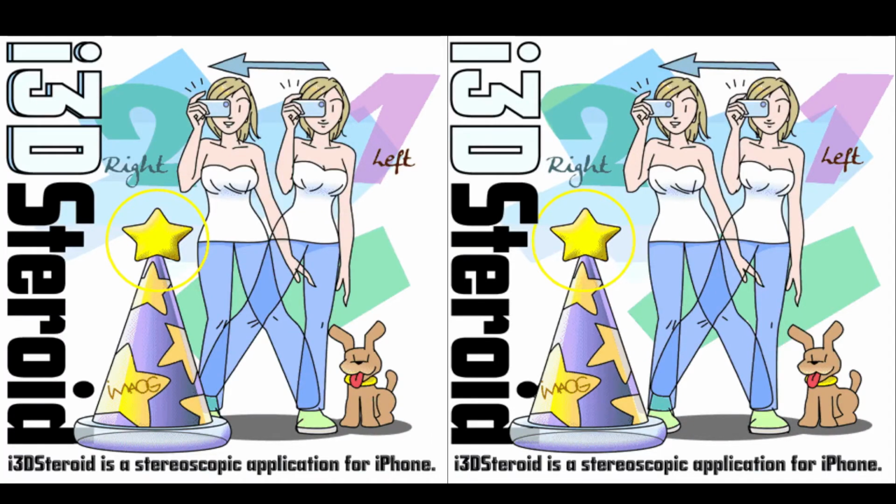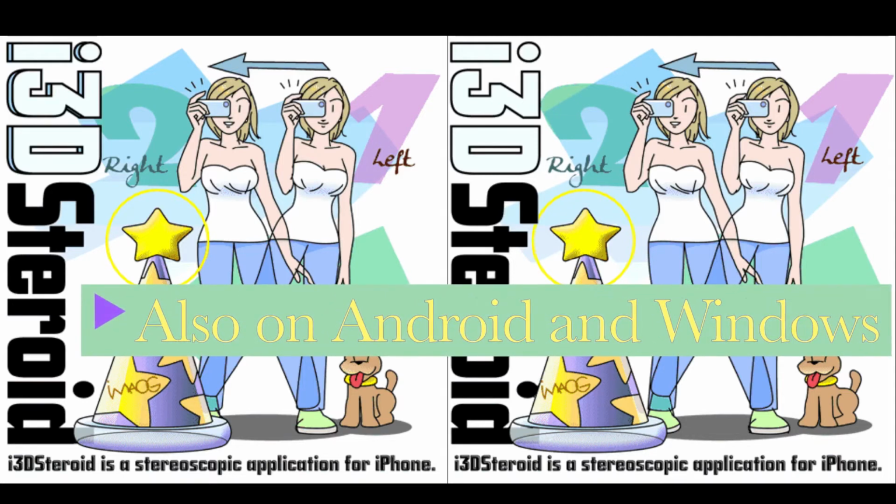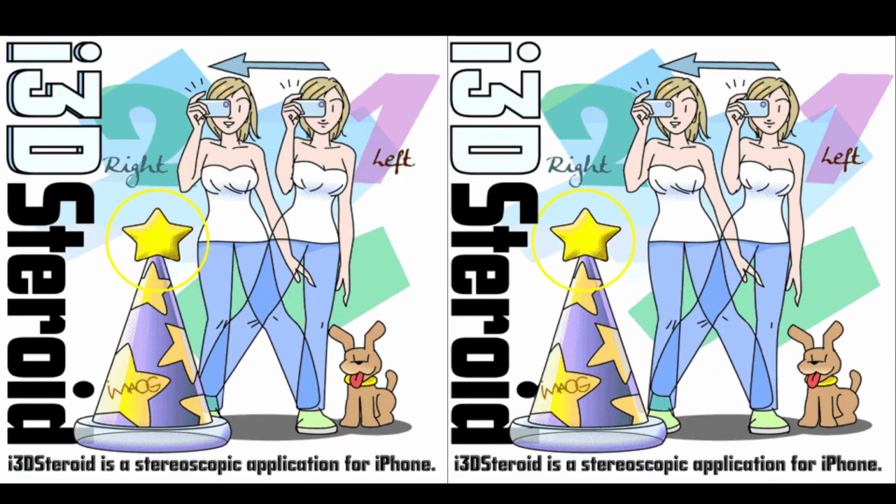I take the card reader and then I put the images into I3DSteroid, which is an app for my iPad. It also works in another version for Android tablets. It's a very good device. It will align your images so they're easy to view by other 3D viewers, and it will also make anaglyphs.